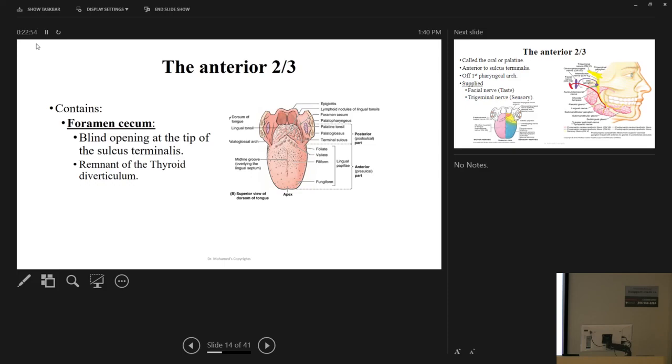Embryologically it's a remnant of the thyroid diverticulum, and that is going to have an impact on some congenital malformation like the thyroid cyst, for example. Good.